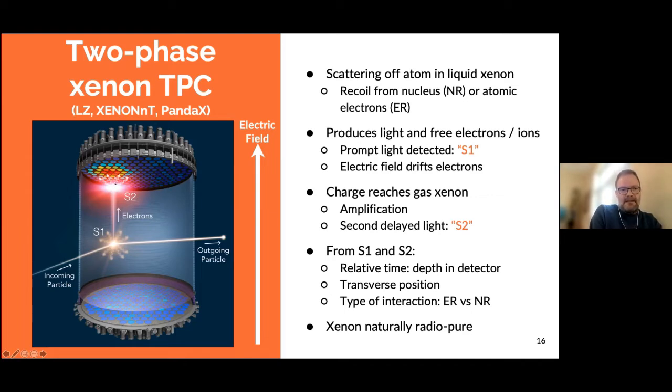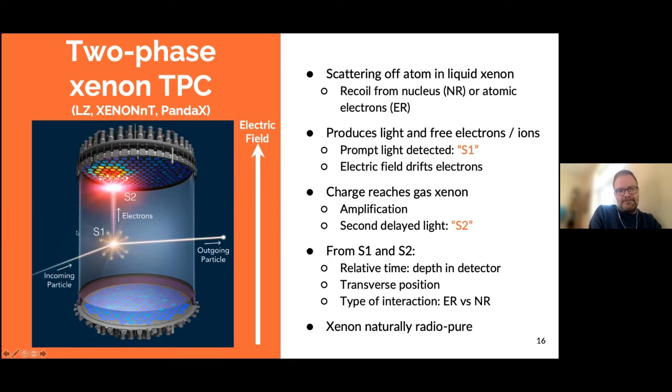So this helps us to get an estimate for where in the detector this interaction occurred. Because you know the drift velocity of the electrons, the delay between the S1 and the S2 signal can tell you how far down the interaction occurred.